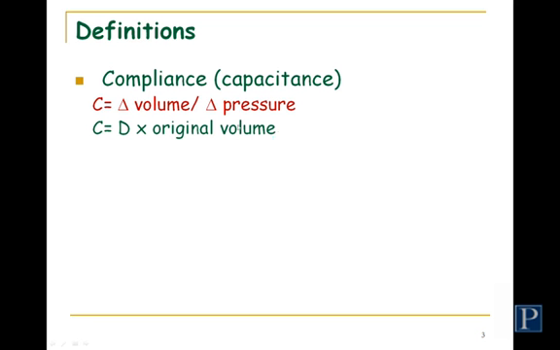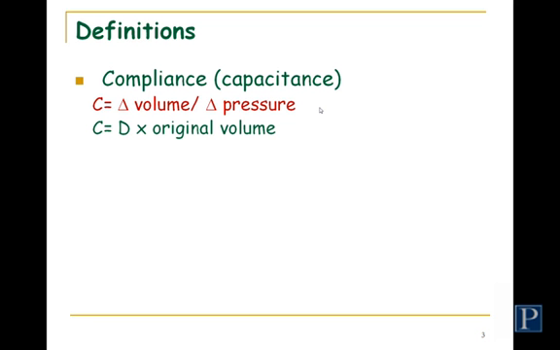Why compliance, and I want you to remember this equation, is so important, is it's real important to know the total amount of blood that can be stored or placed in a given portion of the circulation. And so compliance is also called capacitance. What is the capacity? So if you look at the equation, it's a change in volume for a change in pressure.